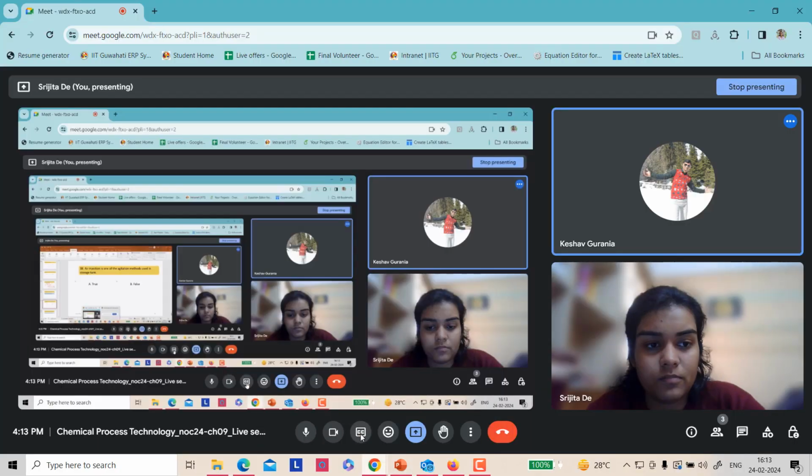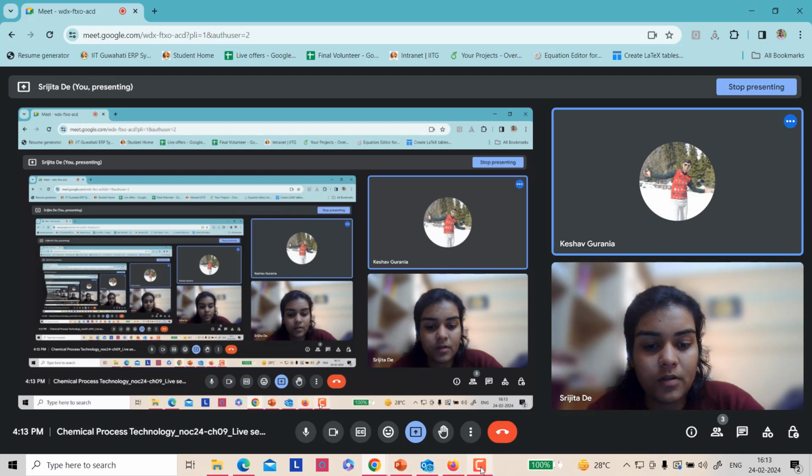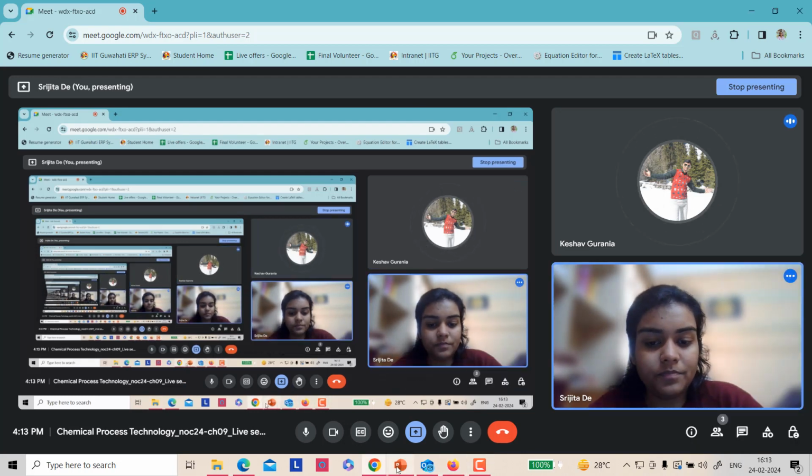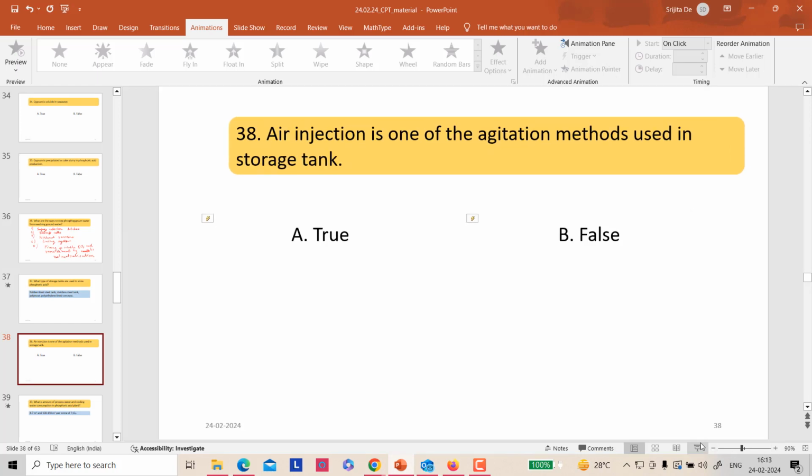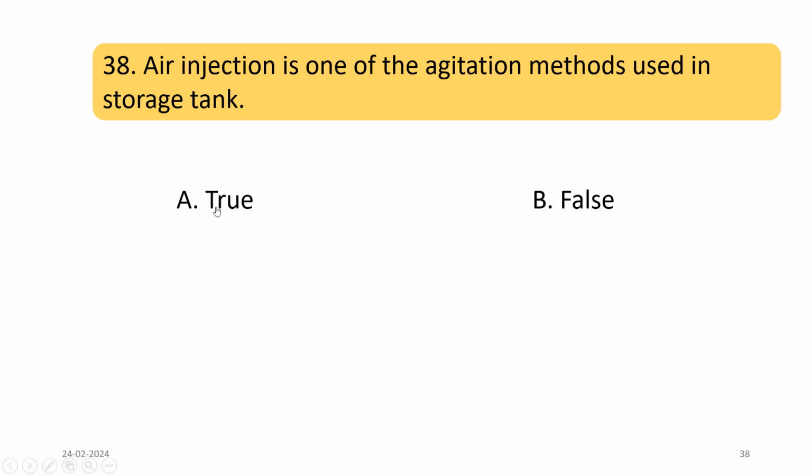True, ma'am. Yes, it is true. Air injection is one of the agitation methods used in the storage tank.